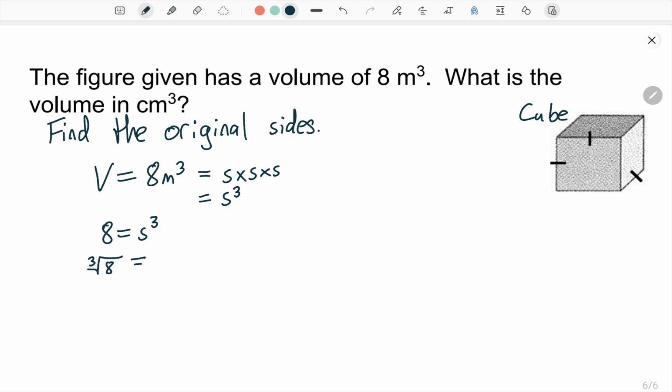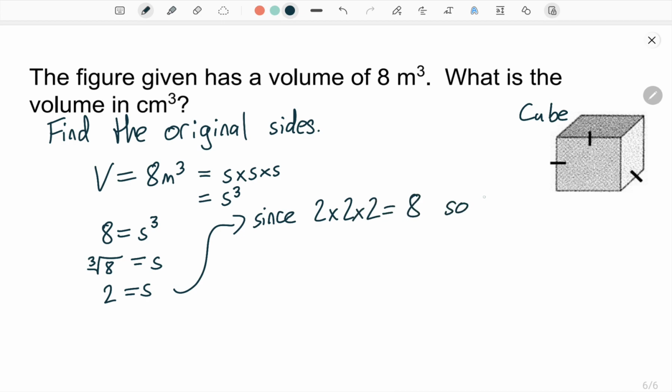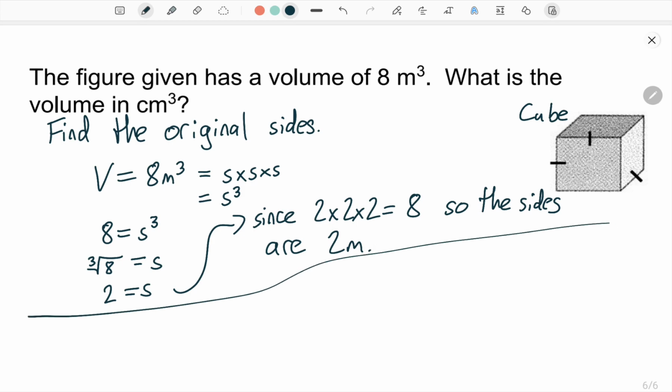Here we're just asking what number multiplied by itself 3 times gives you that number. And when you calculate that out, you're going to get something like 2. 2 times 2 times 2, since 2 times 2 times 2 equals 8. So the sides are 2 meters. All right, that is step 1.